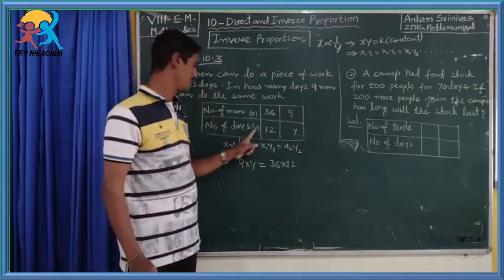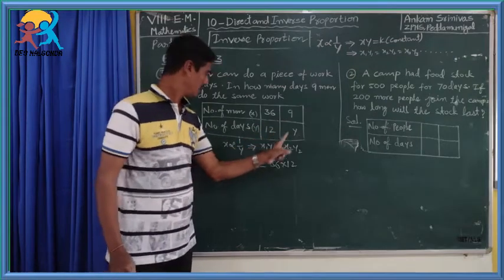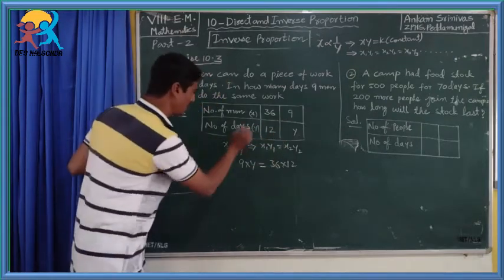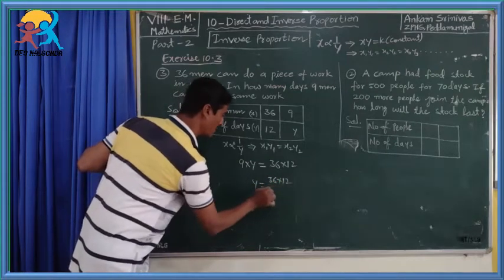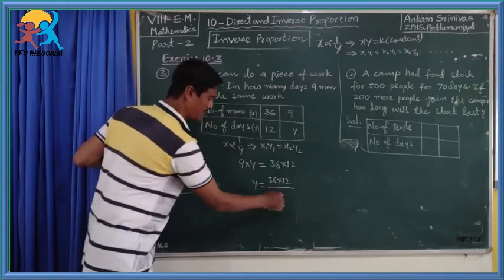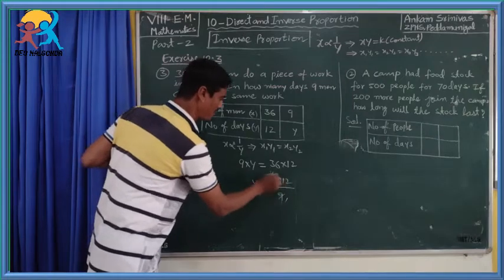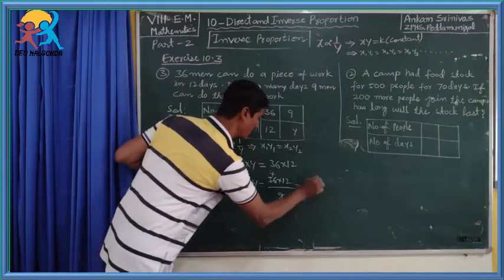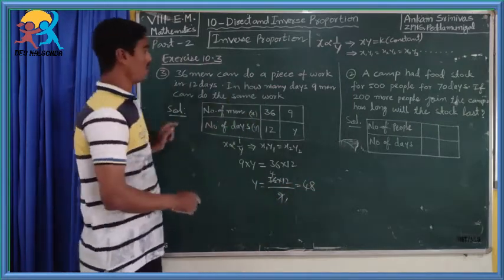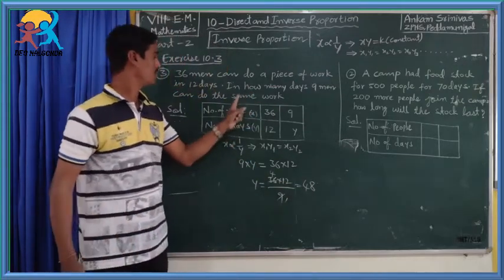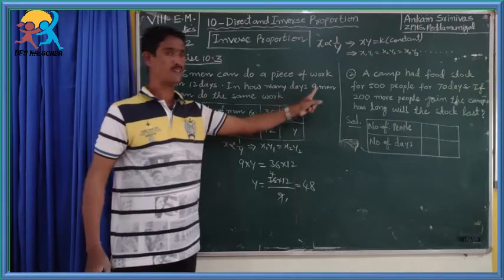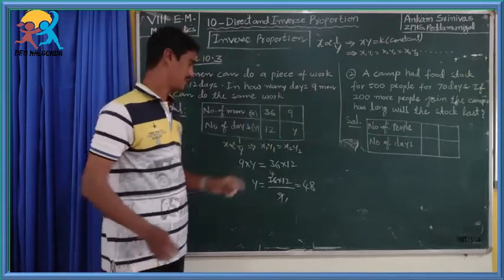When these two products are equal, then these two are inversely proportional. y equals 36 into 12 by 9. 9 ones are 9, 9 fours are 36, 12 fours are how much? 48. So 48 days will be taken to complete the same work by 9 men.